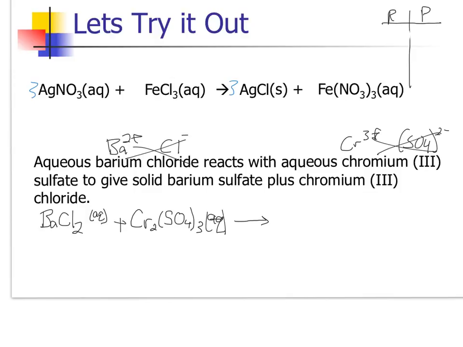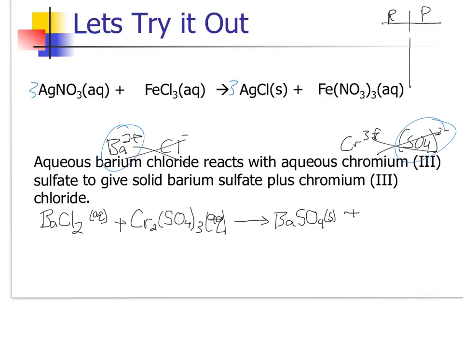Well, I have those written out there, and that should help me see that barium has a +2 and sulfate has a -2, so when I write out my products, I don't have to do any crisscrossing. It's a solid, meaning it's found as a precipitate in some fashion.